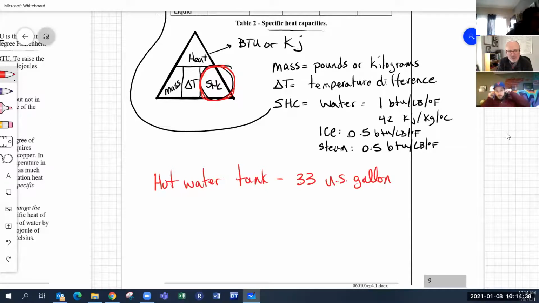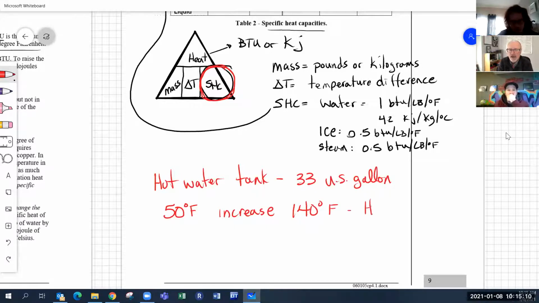I installed this 33 US gallon hot water tank, and I filled it up with water. And the water here in Calgary, if you don't know, is pretty darn cold. So I'm going to say that water was 50 degrees Fahrenheit when I filled up that tank. I want to increase that temperature to the normal operating temperature of a hot water tank, which is 140 degrees Fahrenheit.